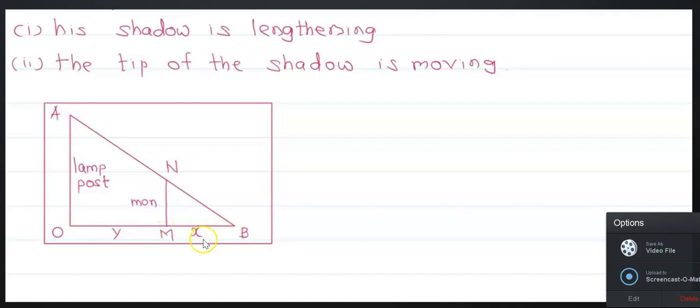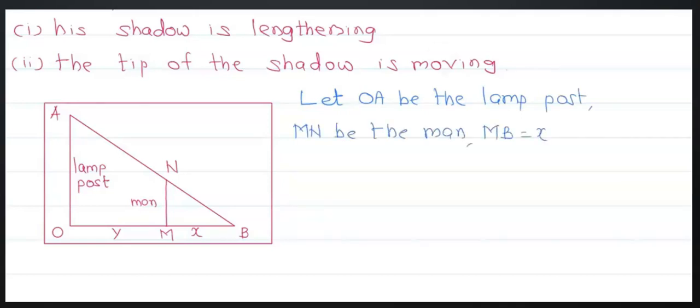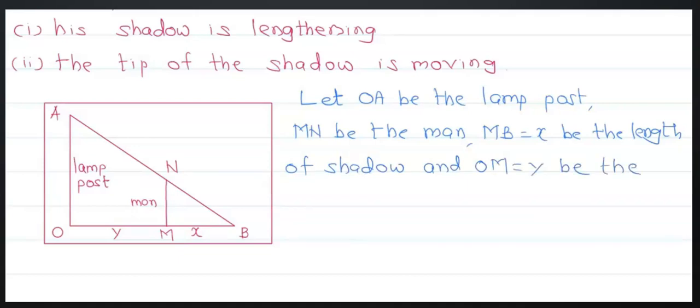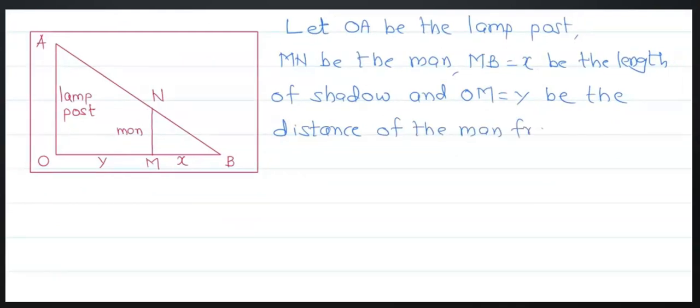And X, that is MB, is the shadow of the man. Let OA be the lamp post, MN be the man, MB equal to X be the length of the shadow, and OM equal to Y be the distance of the man from the lamp post at the time t.